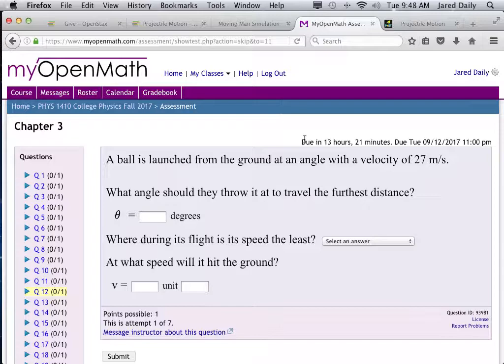You can use this one to find this one. And then you can use this one to find this one. You find this one using these equations. Once you've found this one and this one, then you can use the Pythagorean theorem to find the final velocity. Does that make sense? So your Pythagorean theorem says that vx squared plus vy squared equals v squared.